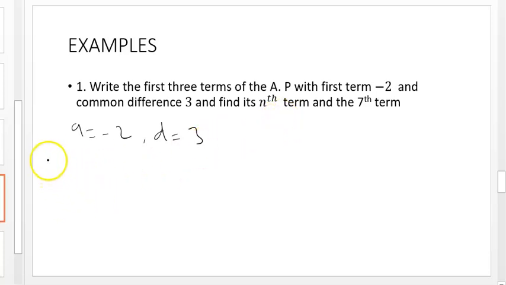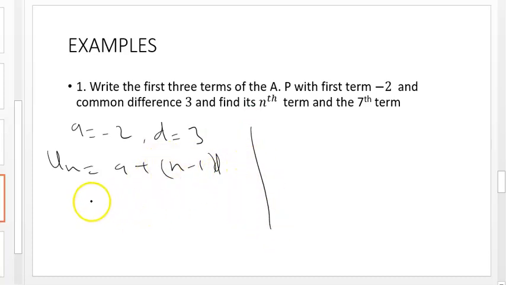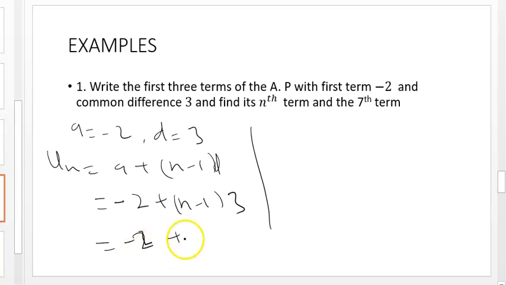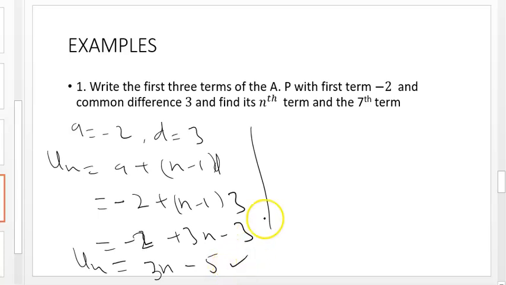We know that Un is equal to A plus (n minus 1) times D. This is the nth term formula. Our first term is minus 2 plus (n minus 1), common difference is 3. Let's expand the bracket. So minus 2 plus 3n minus 3. So Un is equal to 3n, then minus 2 minus 3 is minus 5. This is the nth term formula.